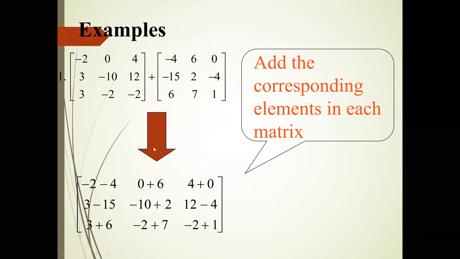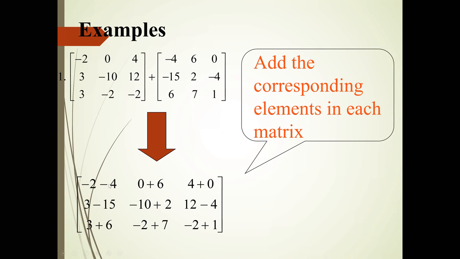All right, so let's go. So here we have -2 plus -4. We have 0 plus 6, 4 plus 0, 3 plus -15, -10 plus 2, 12 minus 4, 3 plus 6, -2 plus 7, -2 plus 1.